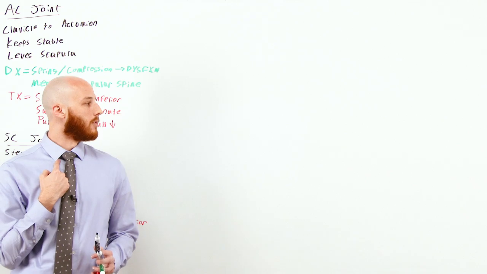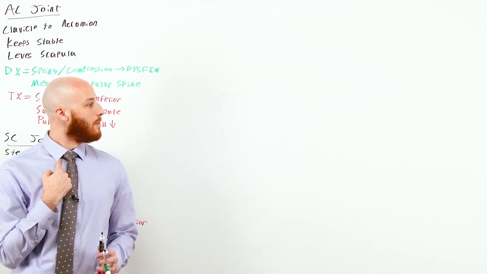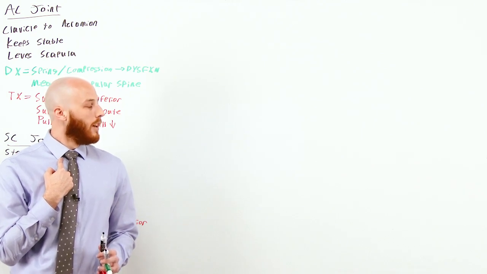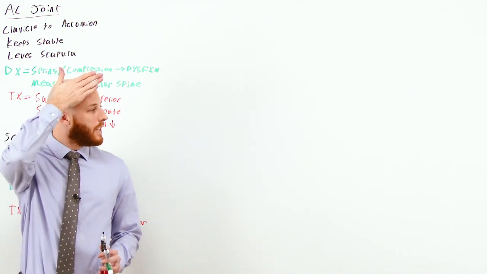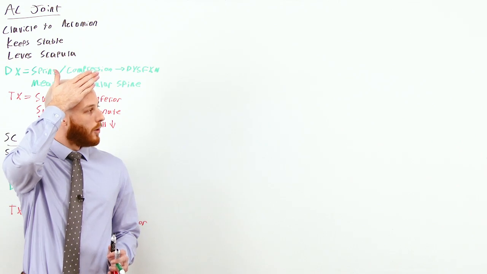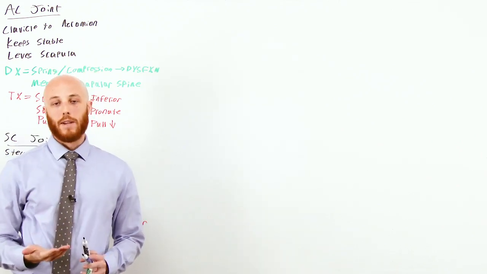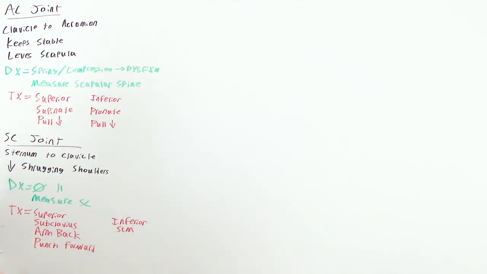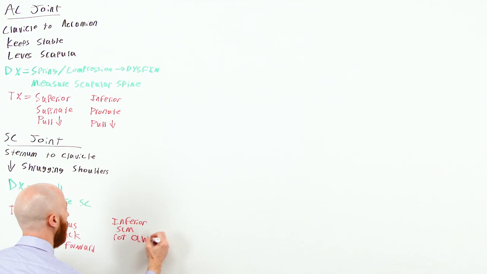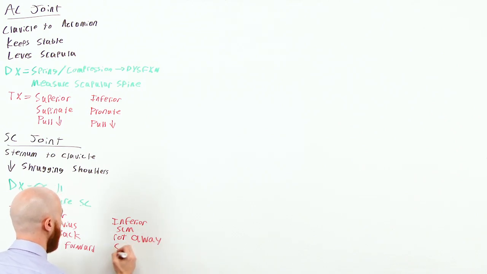His isometric force is going to be side bending towards the side of dysfunction. The physician is going to hold the patient's head still as he tries to move into side bending towards. That causes the isometric force. So the barrier is rotate away, and the force is going to be side bend toward.